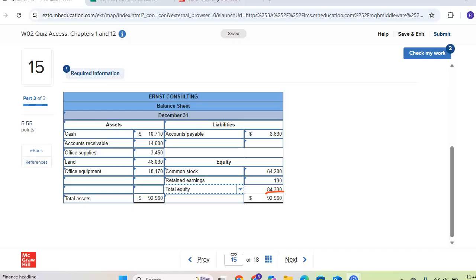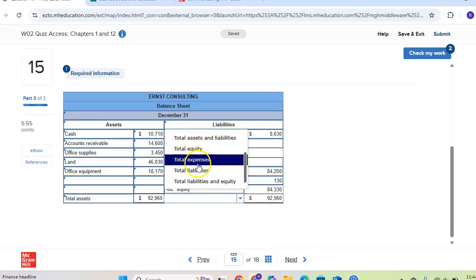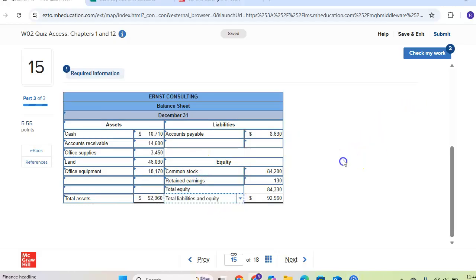Then finally you add up total liabilities and total equity, which would be 8,630 plus 84,330. And thankfully it does it for us down here, which gives us 92,960 as our total liabilities and equity.